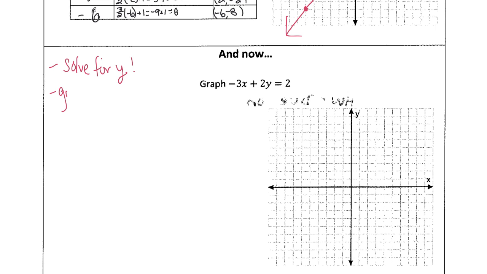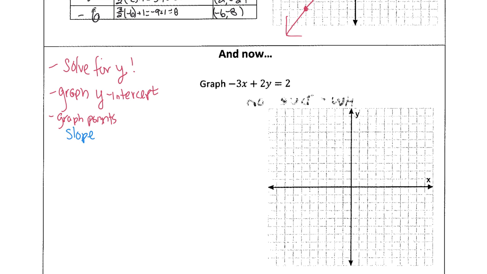Then you graph your y-intercept. Then you graph some points. And you find these points by using your slope.